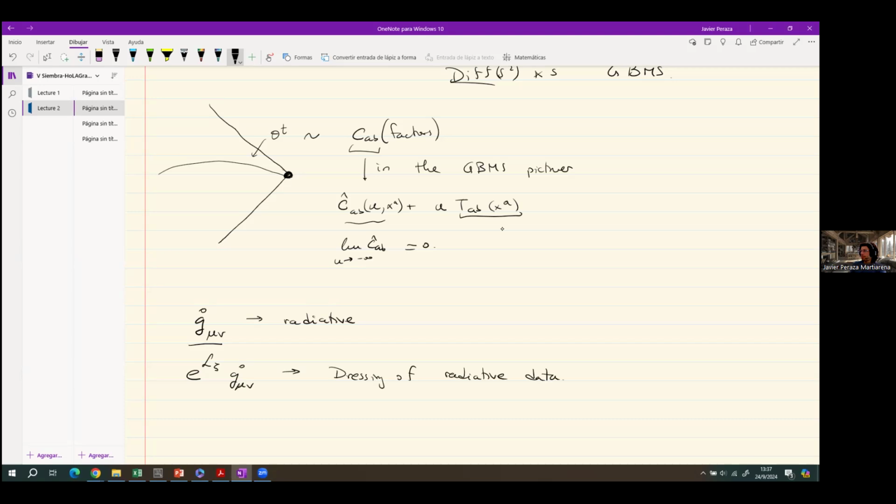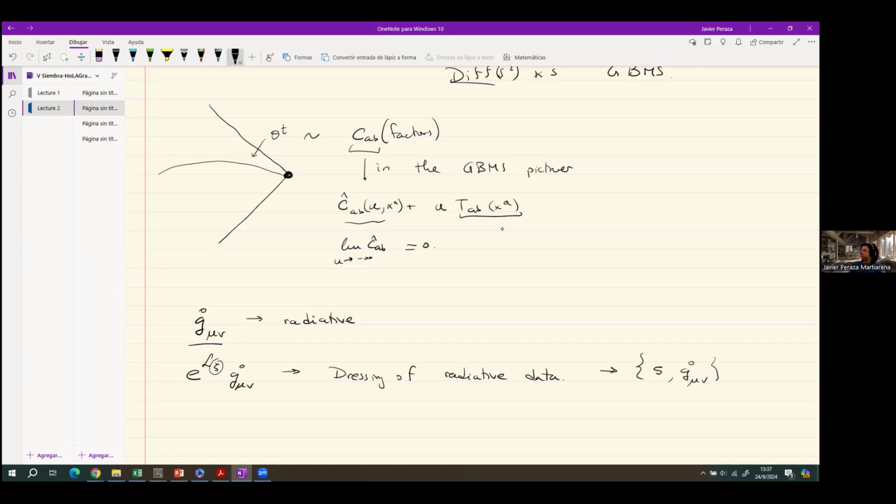data. So we dress the radiative data by some action of a diffeomorphism, and the idea is that this field in here, this zeta, will contain the information of the field T. So when we dress the radiative data, now our phase space will consist of zeta and J_AB.